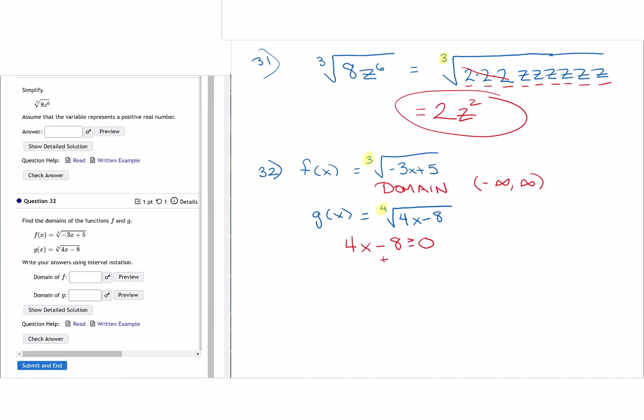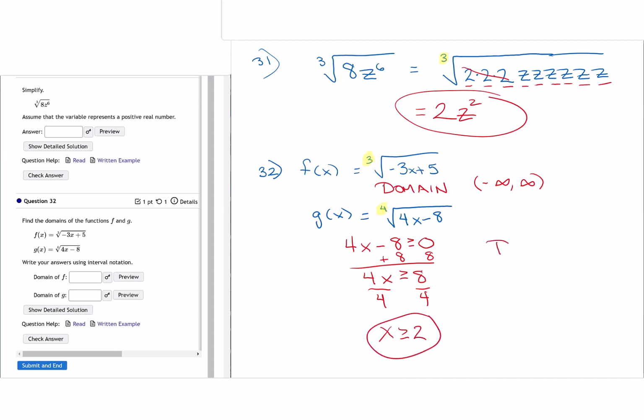And then I just solve this. I can add 8 to both sides. I get 4x is greater than or equal to 8. Remember, whenever I have inequalities, I have to check for multiplying and dividing by a negative number, which I did not. I'm going to divide by 4, still positive. And I get x is greater than or equal to 2.